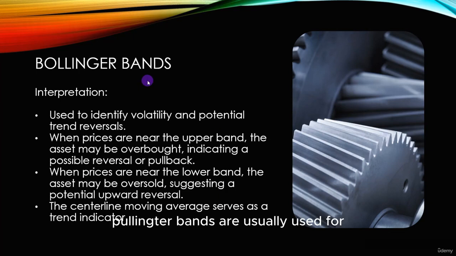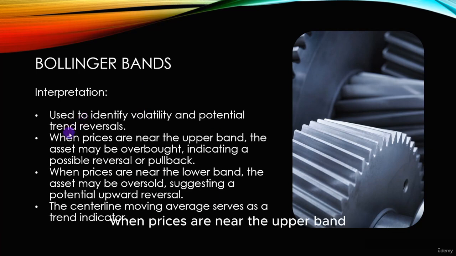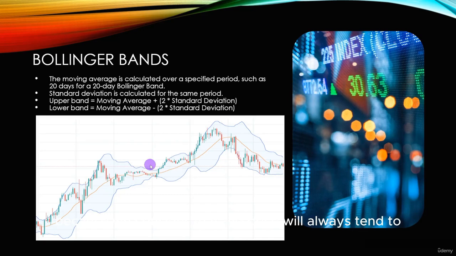Bollinger Bands are usually used for identifying volatility and potential trend reversals. When prices are near the upper band, the asset may be overbought, indicating a possible reversal or a pullback, because we consider that the price will always tend to stay within these plus or minus twice the standard deviation, going back to the moving average curve.